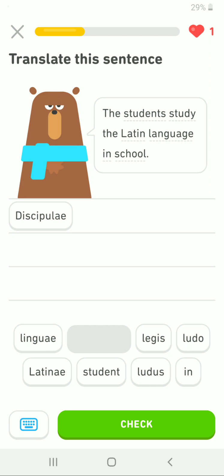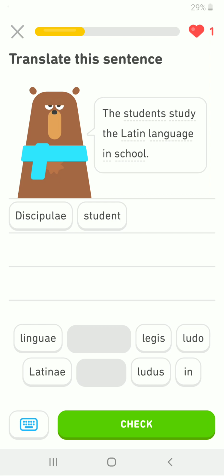Discipuli in Ludo. In. Discipuli student. So we put the adjective later, yeah.